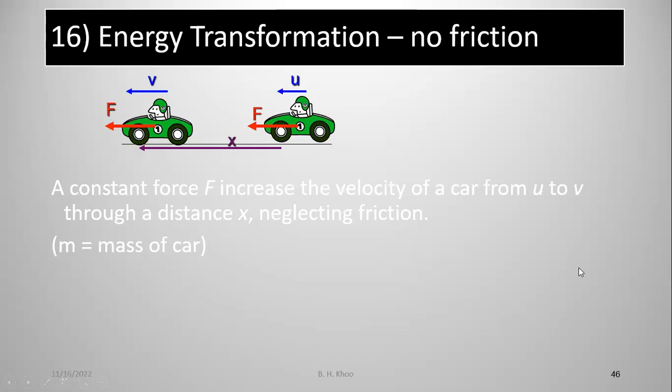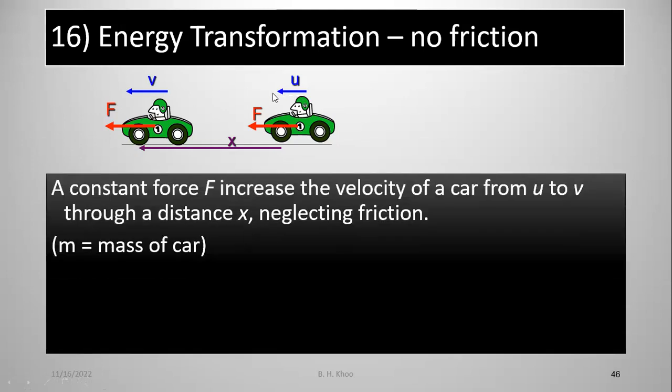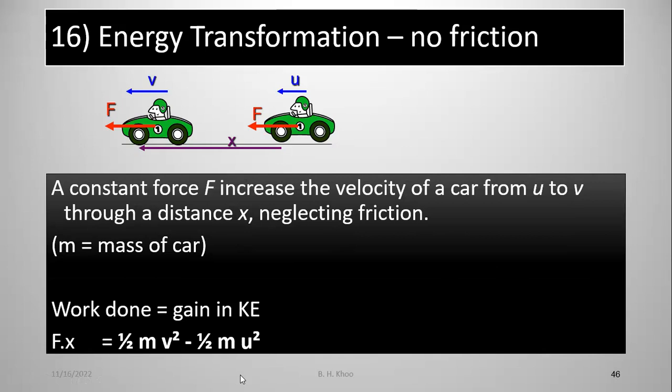Energy transformation, in this case with no friction. The force increases the velocity of the car from U to V after moving a distance X, so you should be able to write the equation.